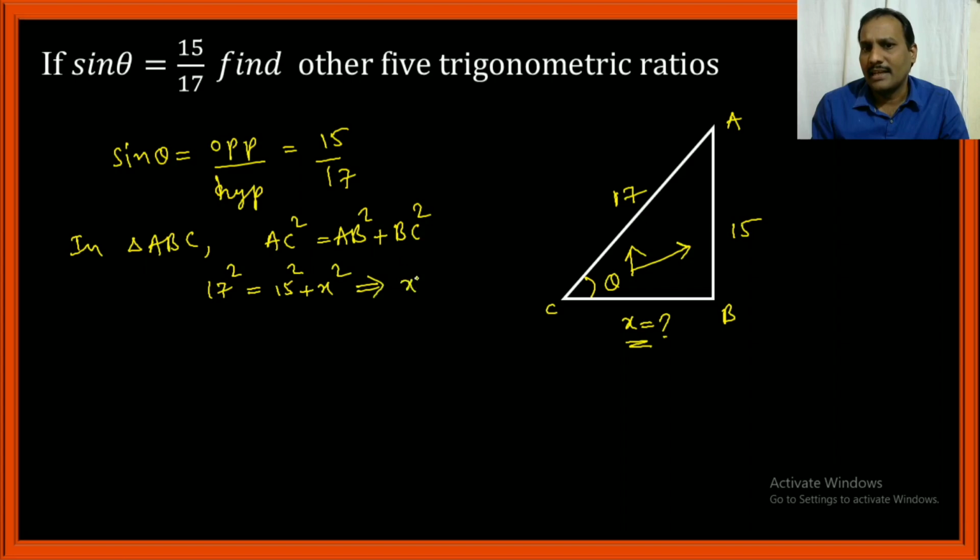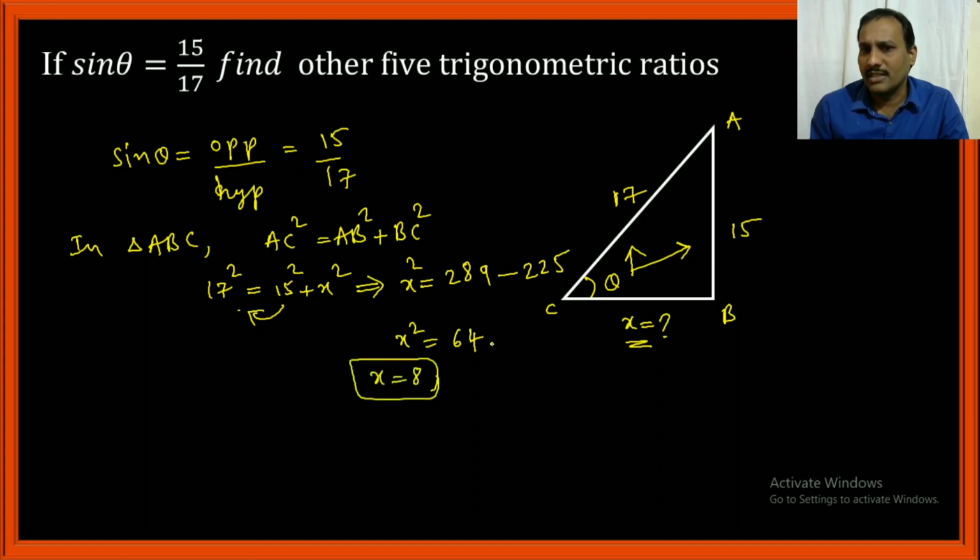That implies x square equal to 17 square is 289 minus 15 square is 225. So x square is equal to 289 minus 225 gives you 64 and x is equal to root 64, that is 8.